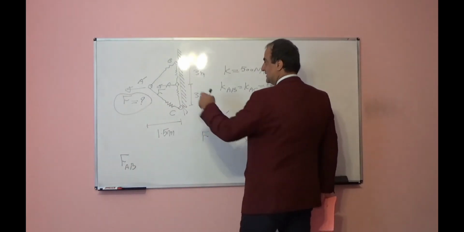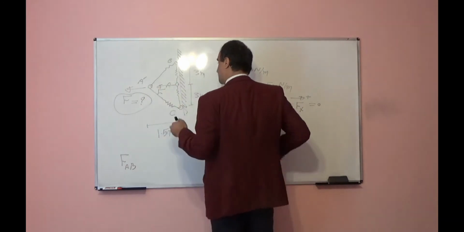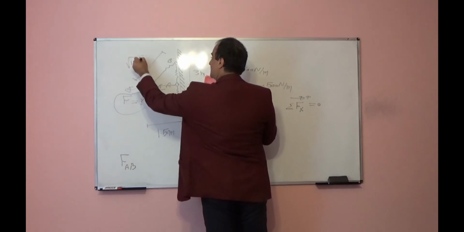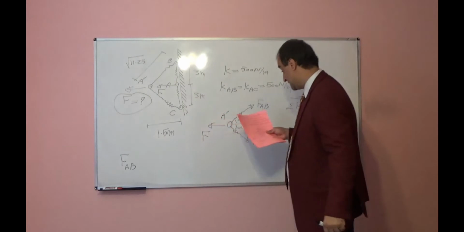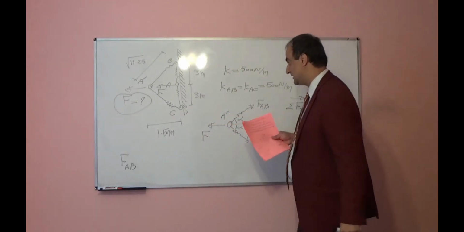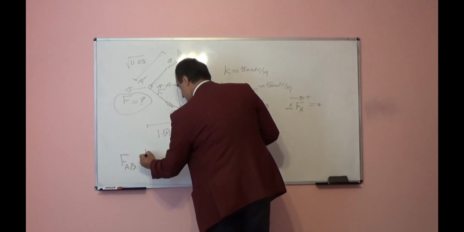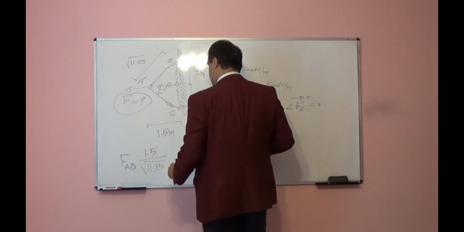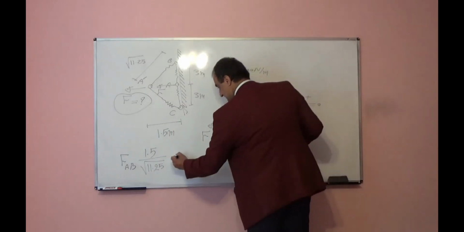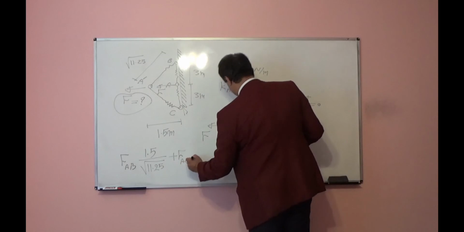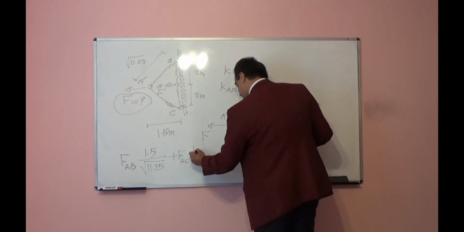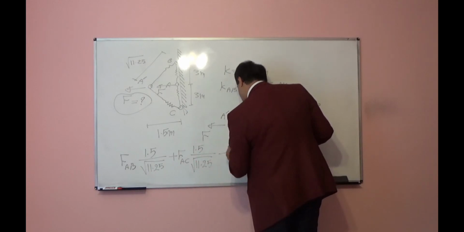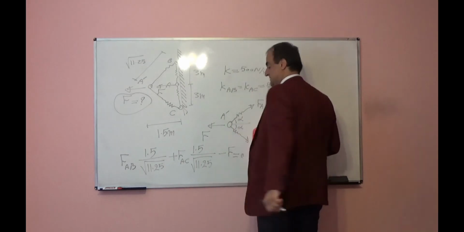Cosine alpha here, if this is 3, this is 1.5. From here to here it will be the square root of 11.25. So it will be FAB times 1.5 divided by square root of 11.25, plus FAC cosine alpha again times 1.5 divided by square root of 11.25, minus F is equal to 0.